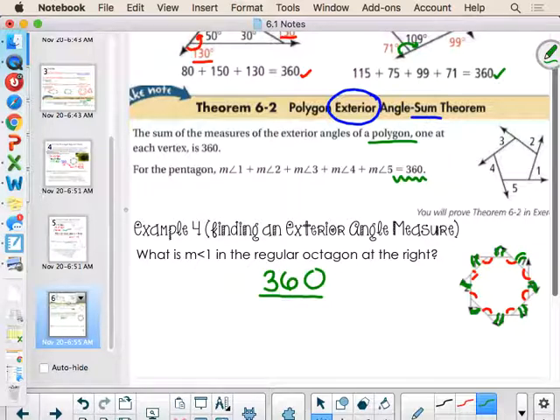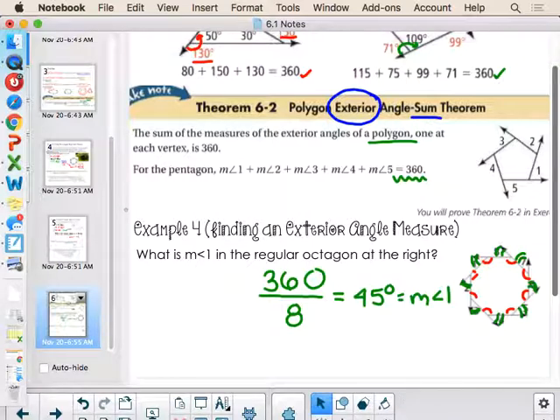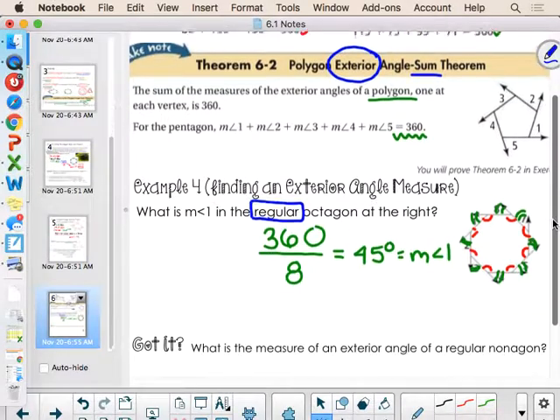So I'm going to do 360 divided by 8, because all 8 exterior angles are going to be congruent to one another. So 360 divided by 8 gets me 45 degrees, and this would be equal to the measure of angle 1 in this regular octagon. Now notice this strategy only worked because I had a regular octagon, which meant that all my exterior angles were the same.